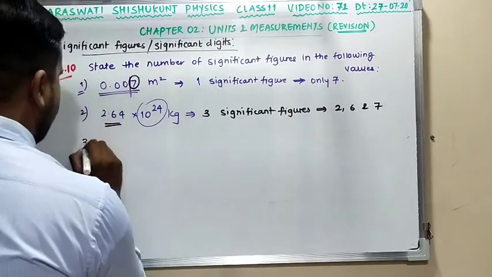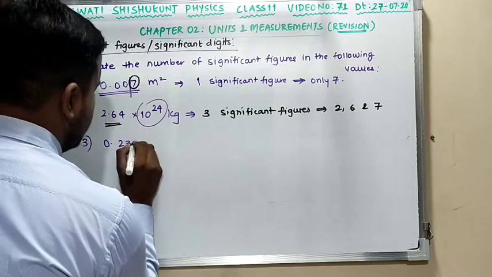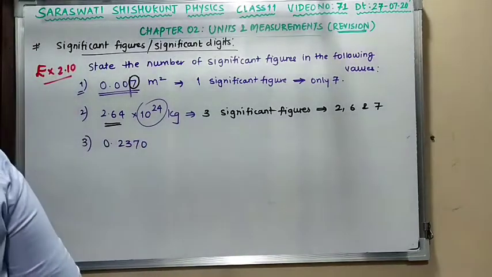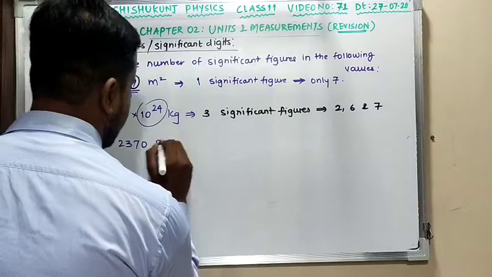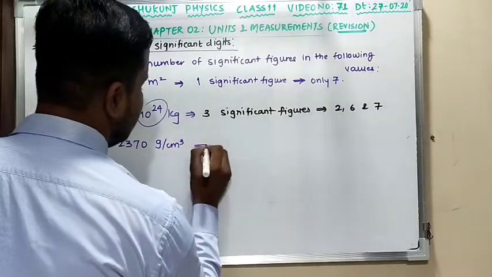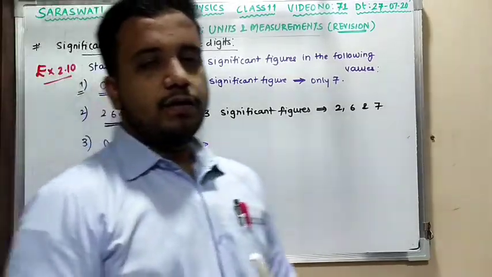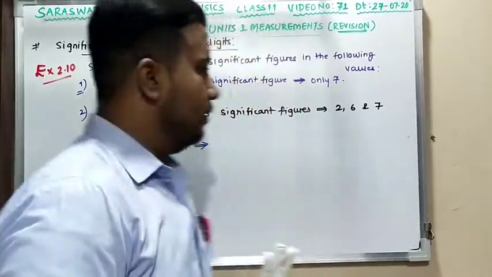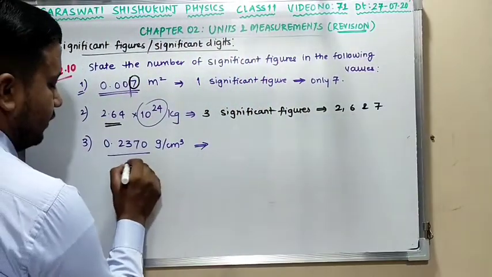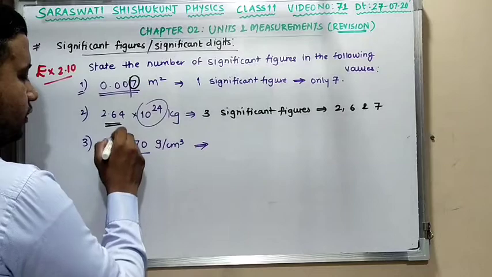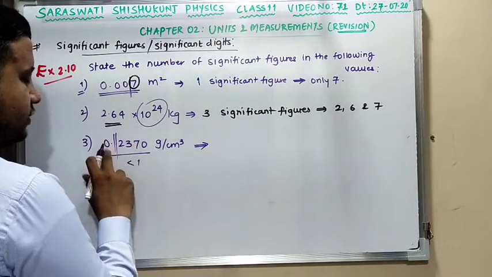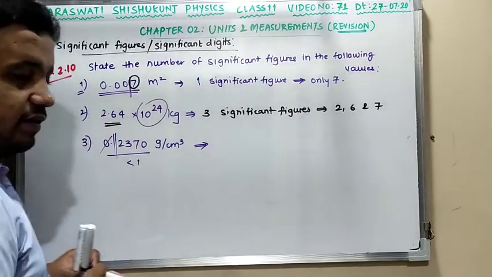The third we have given in the question is 0.2370. The unit provided is gram per centimeter cube, that is nothing but density. Now one thing you have to remember here: this number is less than 1, so the zeros towards the left of the first non-zero digit are not considered significant figures.